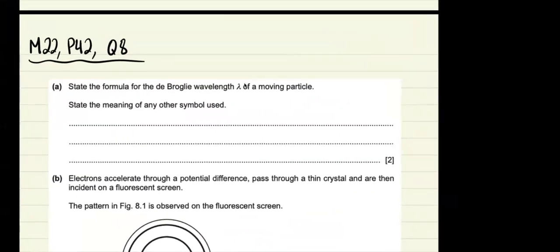State the formula for the de Broglie wavelength of a moving particle. So we know this is lambda equals h over p. So whatever else you use, you have to define this. So you need to say h is the Planck constant and p is the momentum.